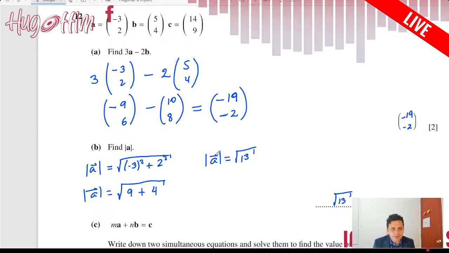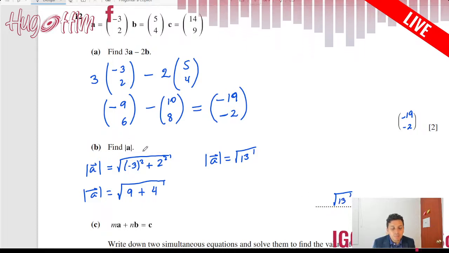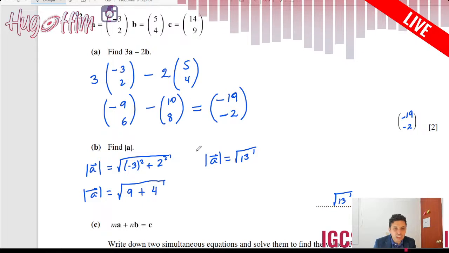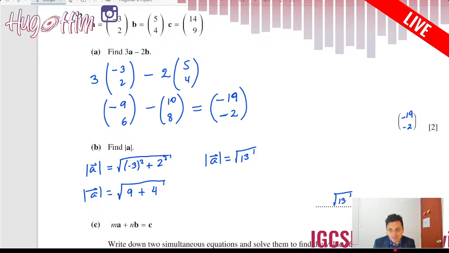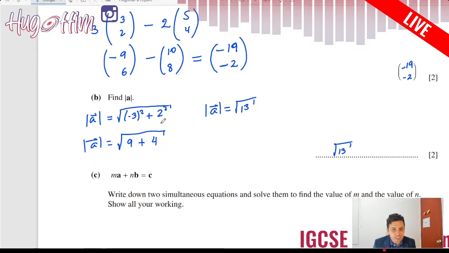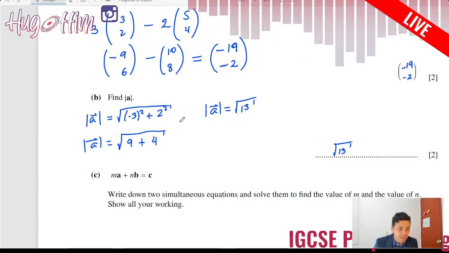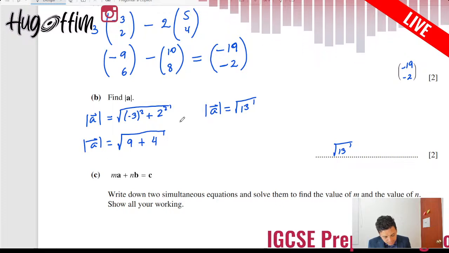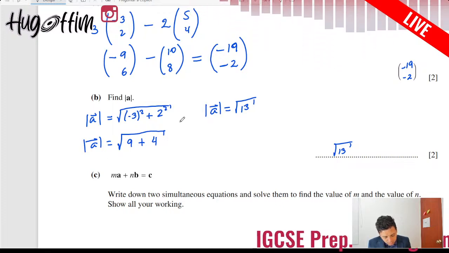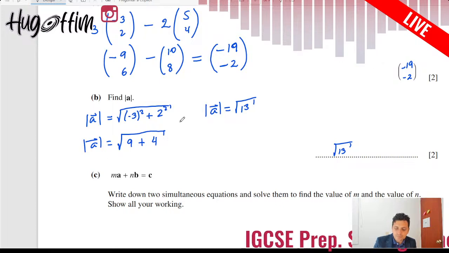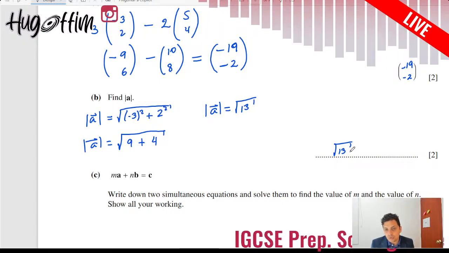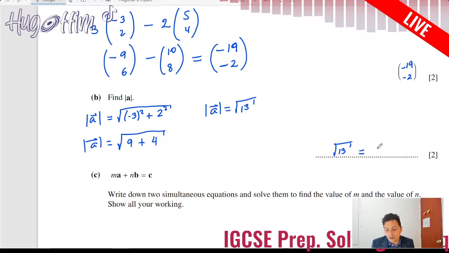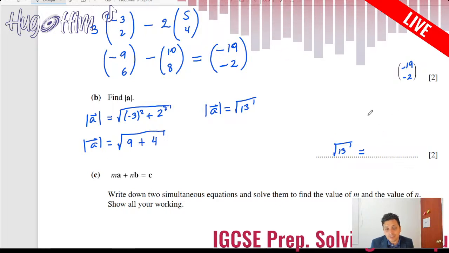Now, I have here a situation where it says find the magnitude of A, but it doesn't say to express your answer as a surd. So as it doesn't say to express my answer as a surd, it means that I can use my calculator. So I'm going to use the calculator to get the square root of 13 and round it to three significant figures.